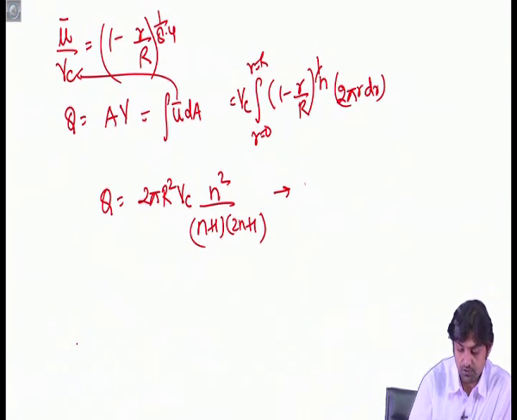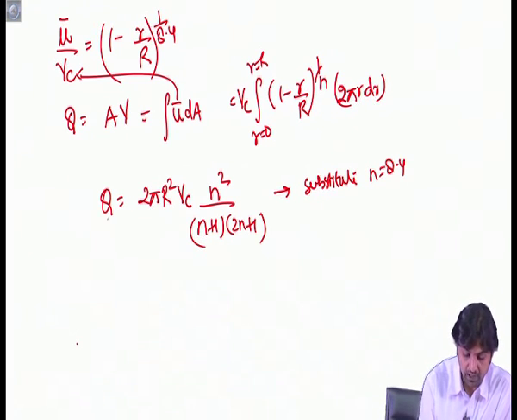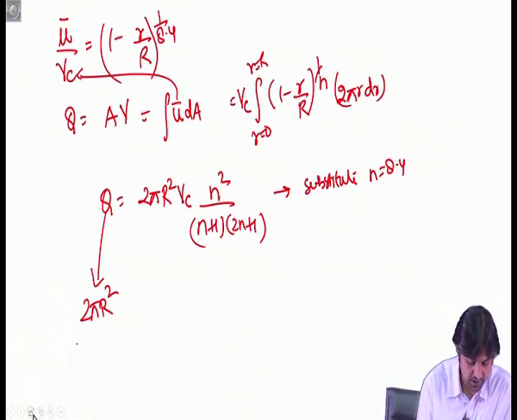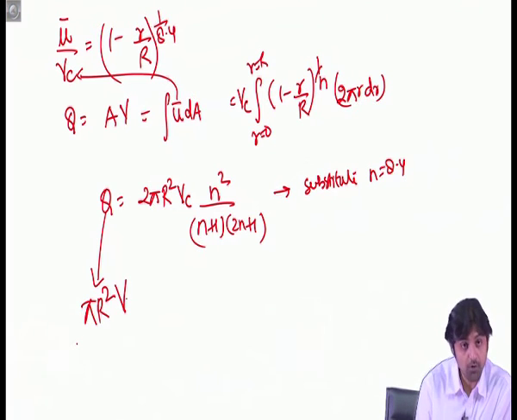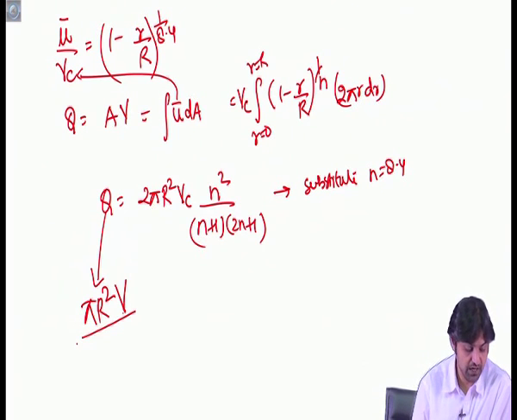Now we substitute n equal to 8.4, and this Q is also equal to pi R squared into the velocity that we had obtained last time, that was 5.09, the average velocity.